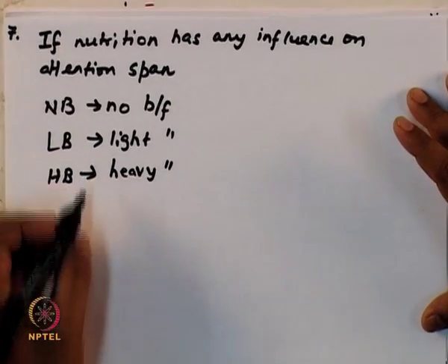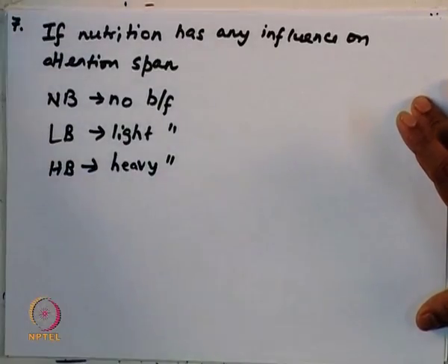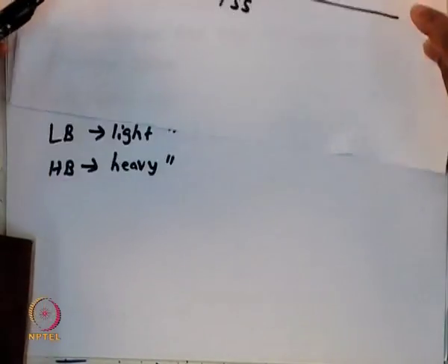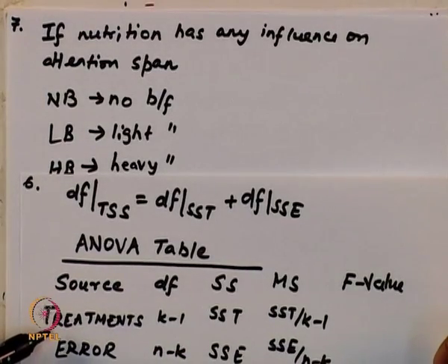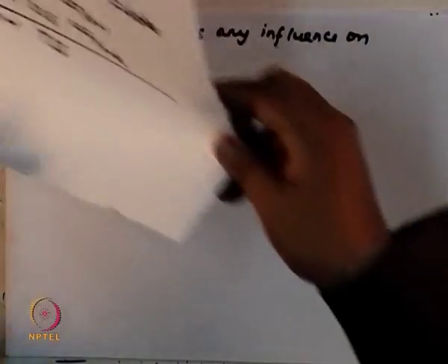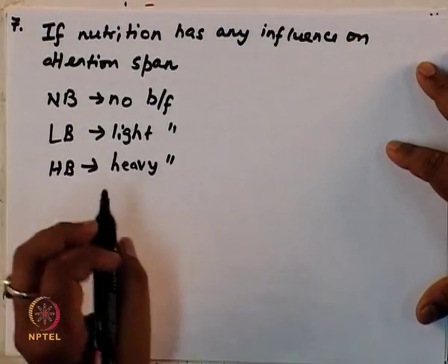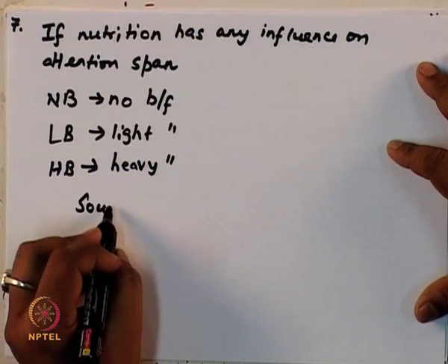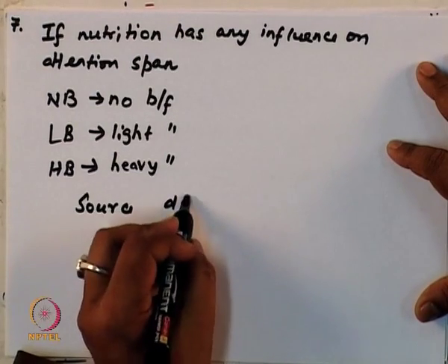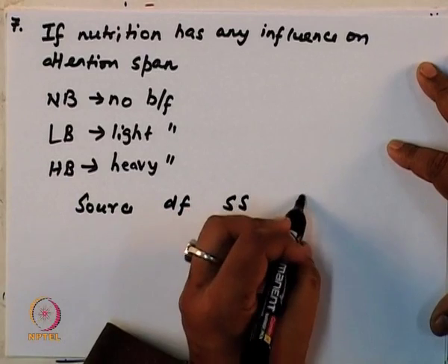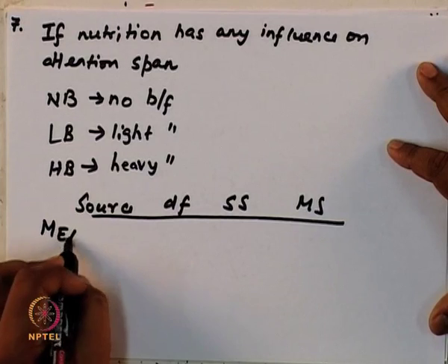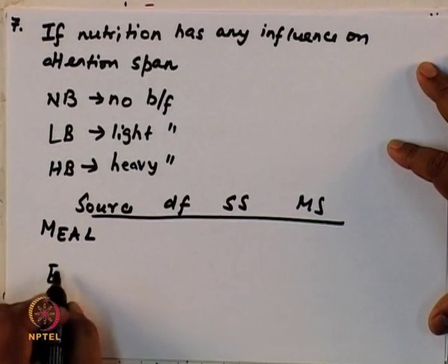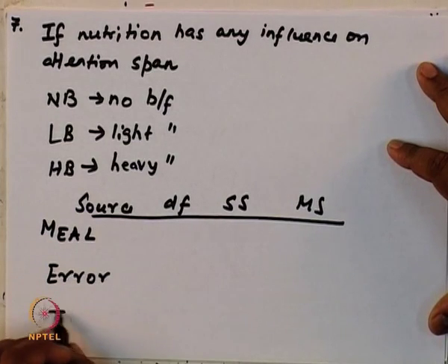So, you can accordingly calculate. In this case our treatment for this problem is nothing but having the meal. So, I will just jot down the final values that we had obtained. Meal is your treatment, error and total.